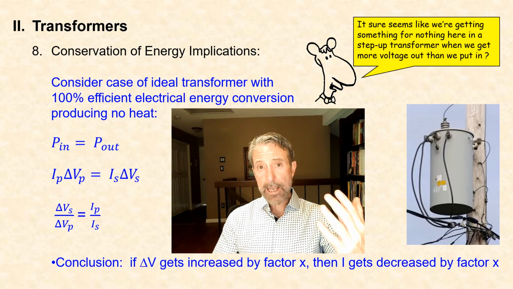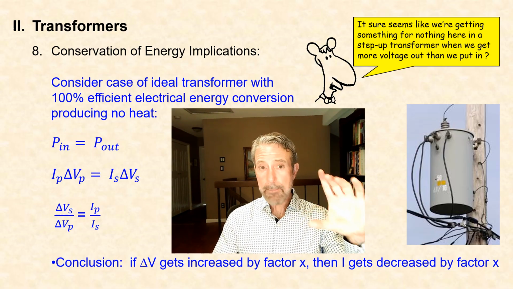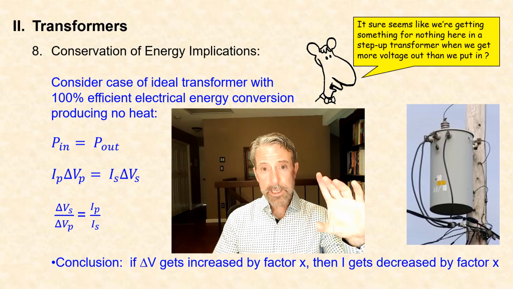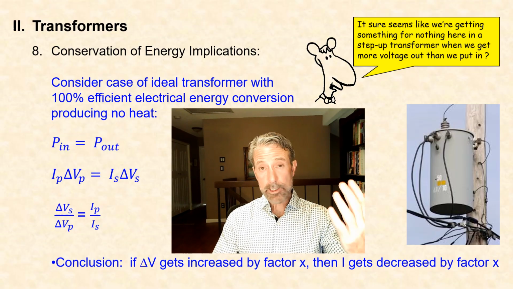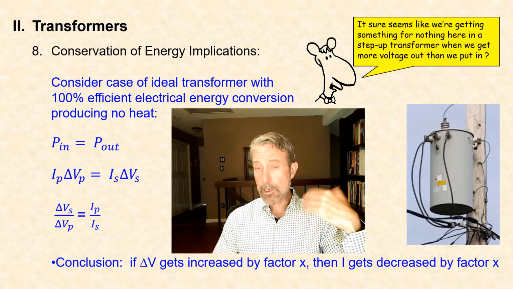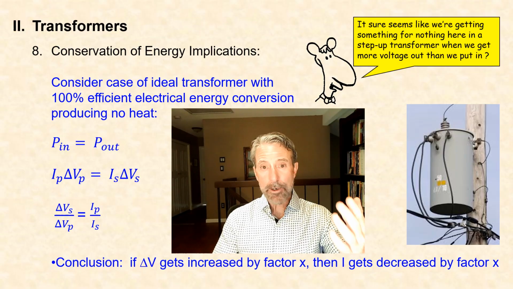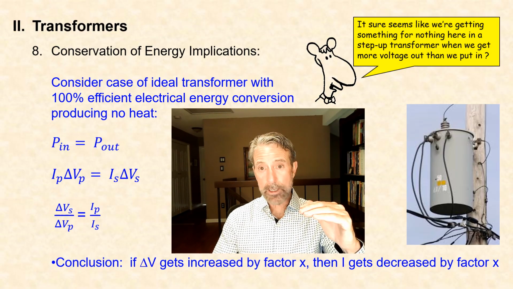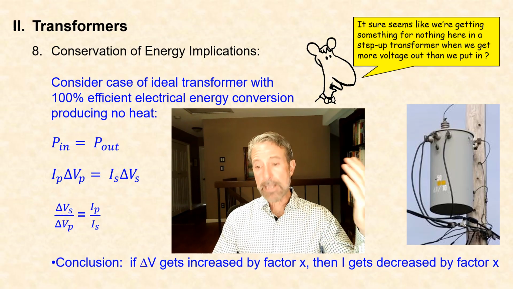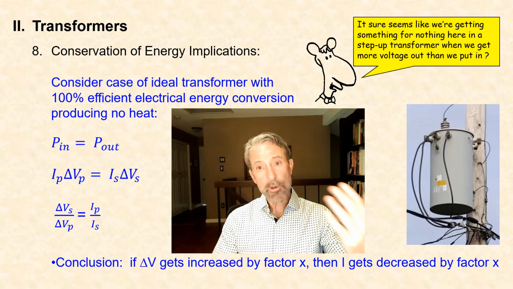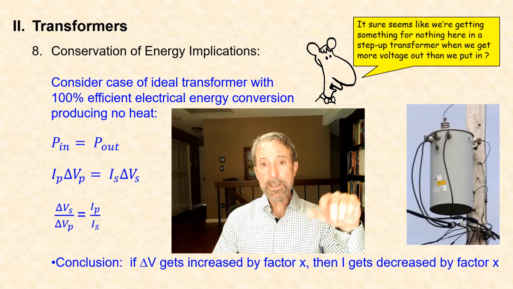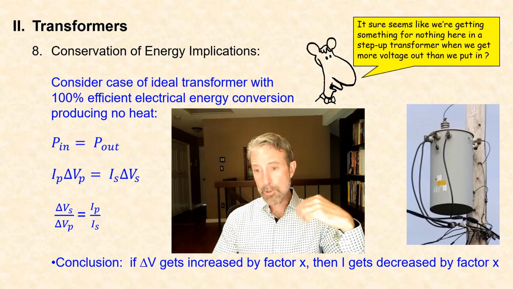So that is why the voltage will be stepped up at the power plant via large transformers and then transmitted over large distance, most of the distance to the neighborhoods, at high voltage and low current. And then that voltage is stepped down with transformers closer to the people's homes.